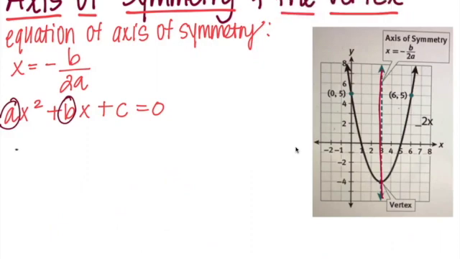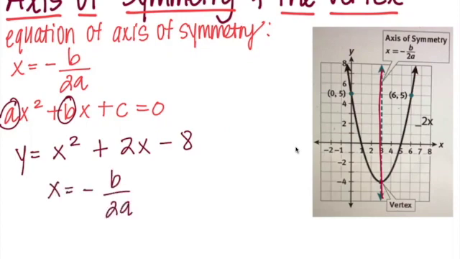So if I have y equals x squared plus 2x minus 8, and I want to find my axis of symmetry, I would take the equation x is equal to negative b over 2a. My b in this case is 2, so x is equal to negative 2 over 2 times a, which in this case is an invisible 1.